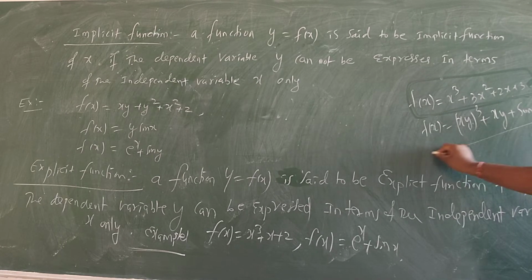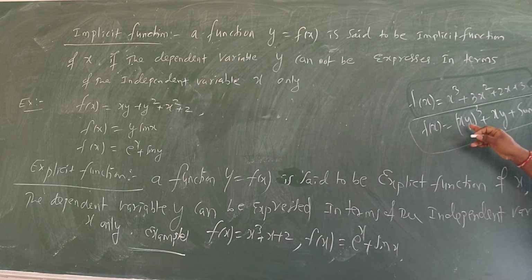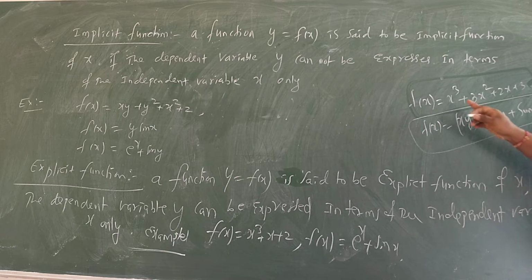This is expressed in terms of x and y. So when a function is expressed in terms of x and y, then that function is called an implicit function. If it is expressed only in terms of x, that is called an explicit function.